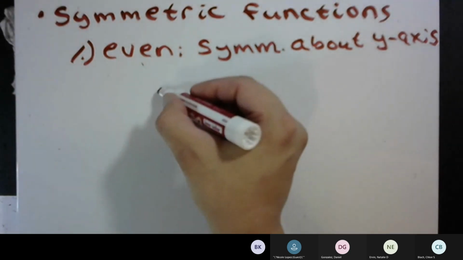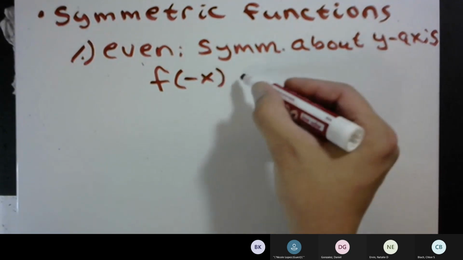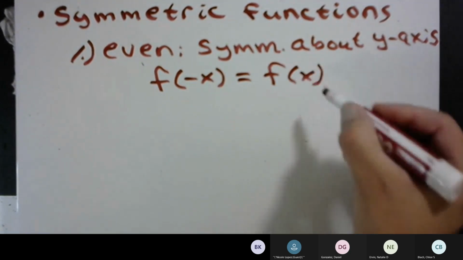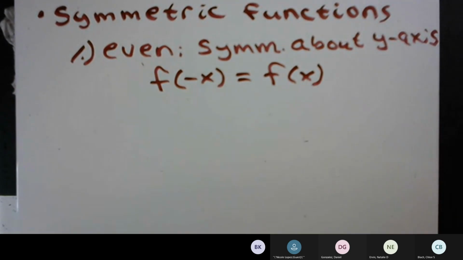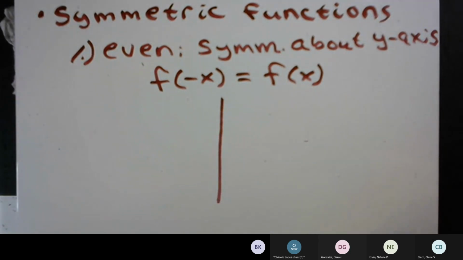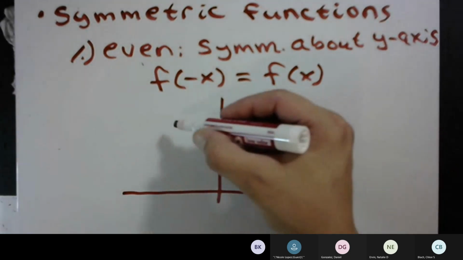So what that means algebraically, we take f of x and we put in negative x. When we simplify things down, we're just going to get f of x back. So let's say we have something like this.